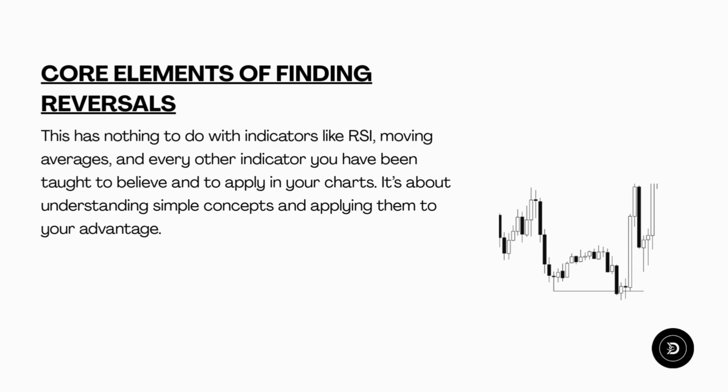But I'm just going to simplify simple concepts that you can apply to your advantage that would help you spot when to be in a market for reversals and when not to be. Okay. So it's not about RSI or moving averages or Bollinger Bands and all of those complex indicators. We don't do that here.